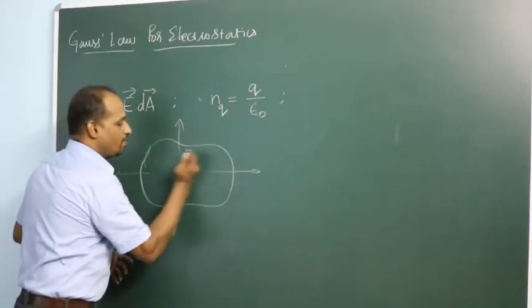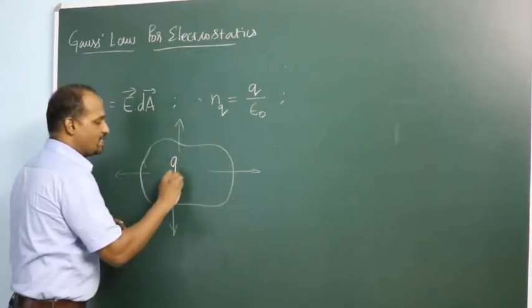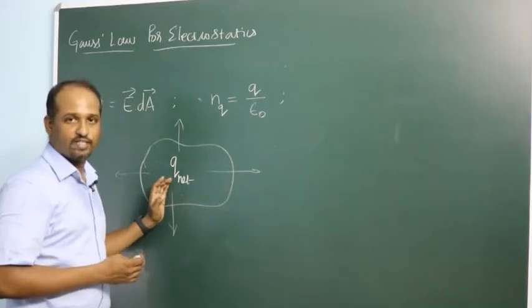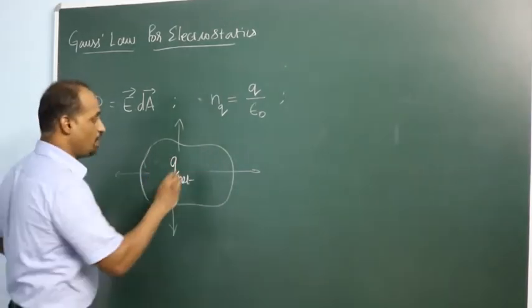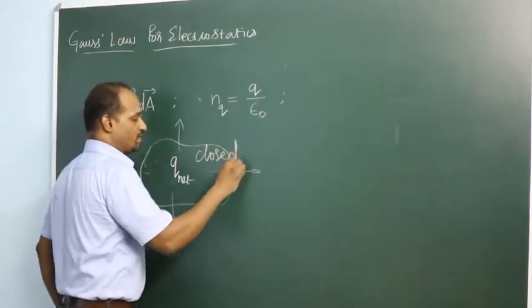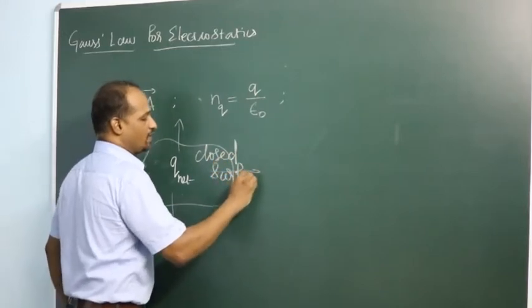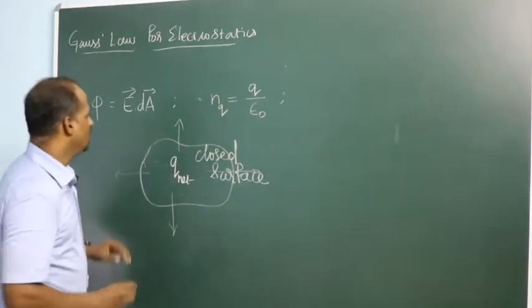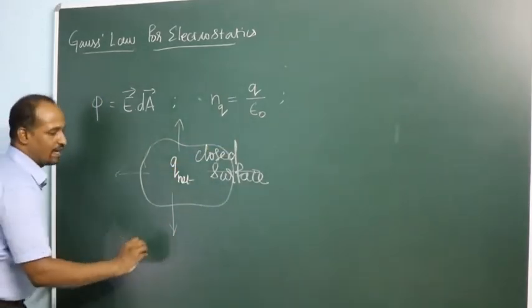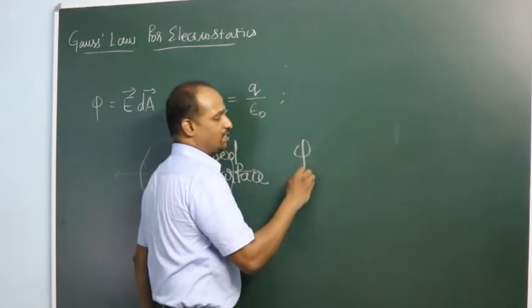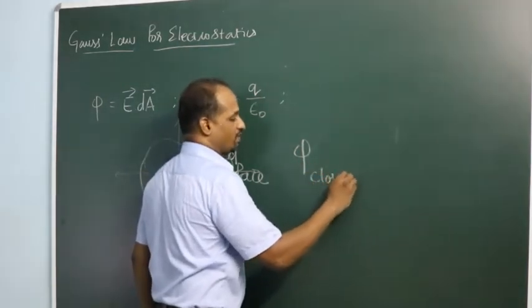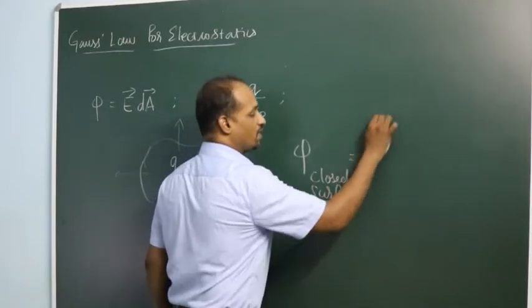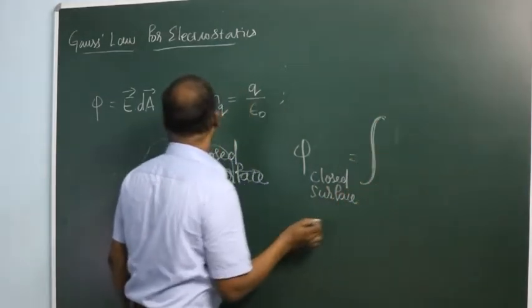So if the net charge enclosed by the surface is q, then the flux through this closed surface is q by epsilon naught. So the electric flux through a closed surface, to show that it is a closed surface, you integrate.